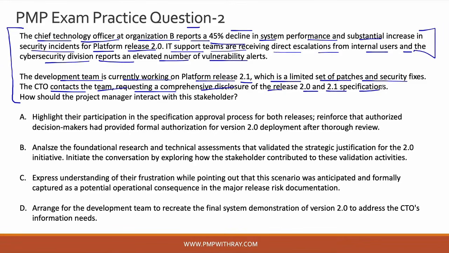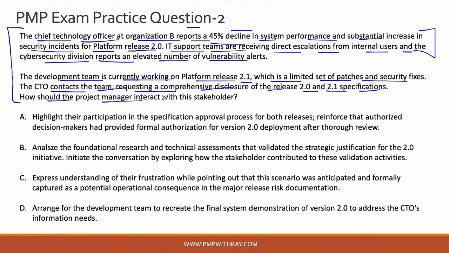So the CTO is sort of concerned, and he or she wants to see what the parameters or the product features were for 2.0 and what security patches or fixes version 2.1 brings with it. And that person needs to be aware of this difference and needs to be sure that the improvements suggested with 2.1 will be enough to fix the issues that 2.0 is facing. Okay, so that is your problem scenario.